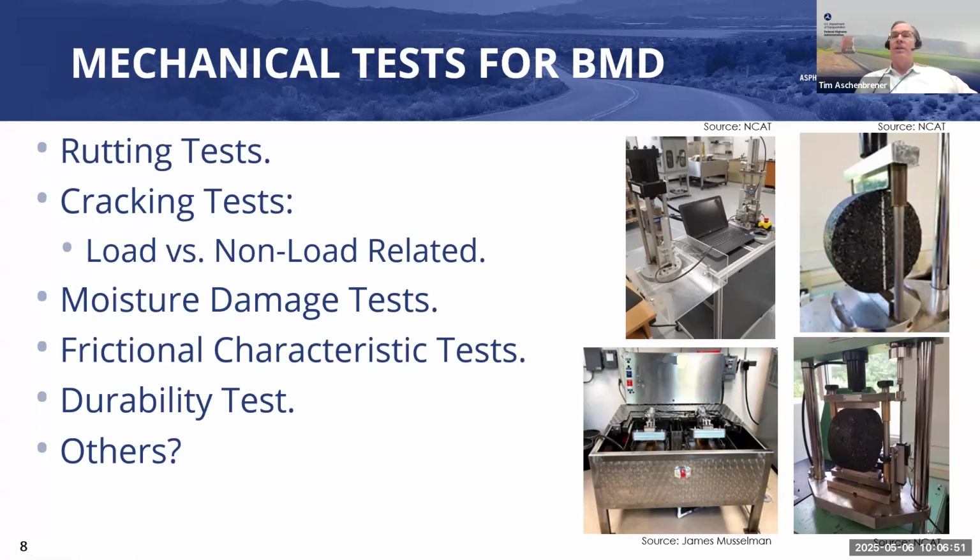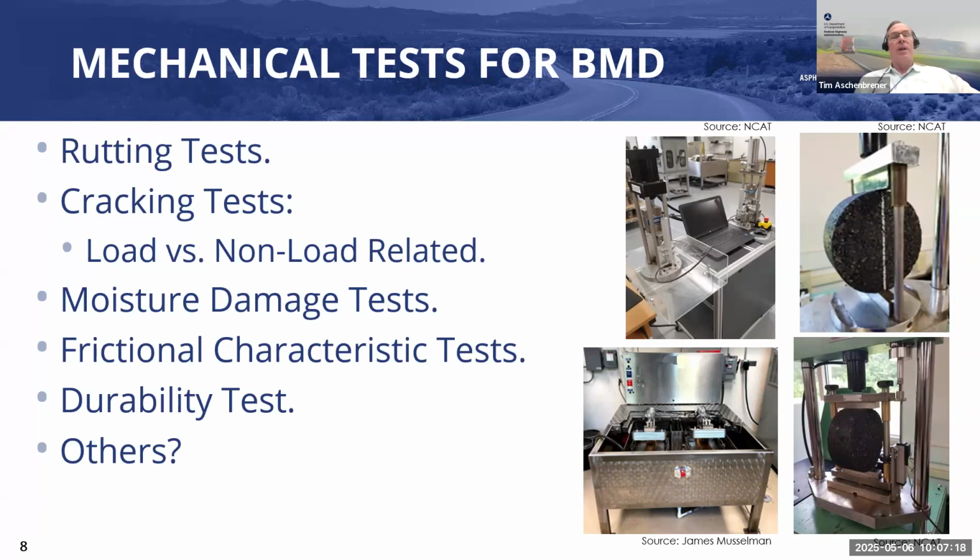Cracking tests, I probably need to start off with the types of distresses. There's load and non-load related distresses. Load-related distresses can relate to fatigue, the top-down or bottom-up fatigue type cracking. Non-load related distresses are often environmentally induced, like thermal cracking, or you get some excessive aging like block cracking.